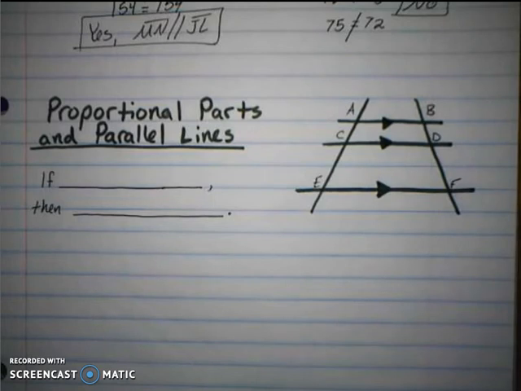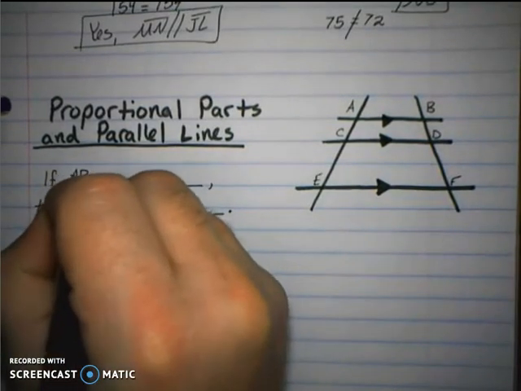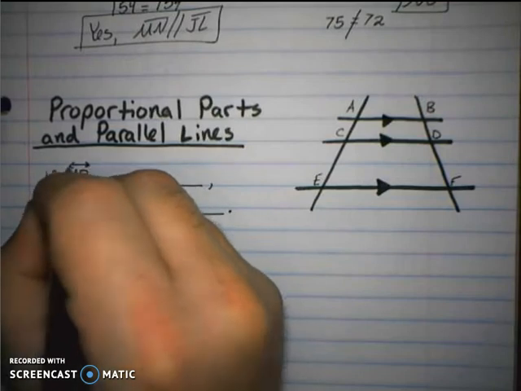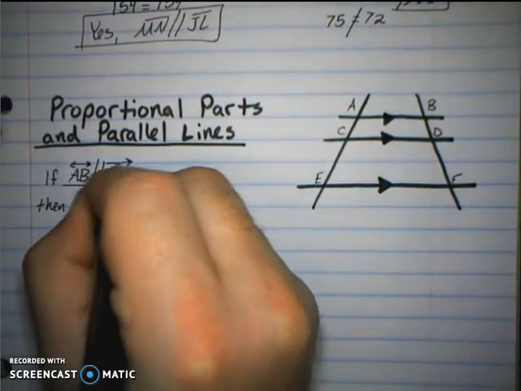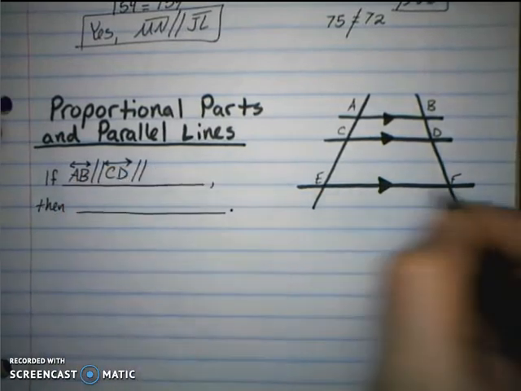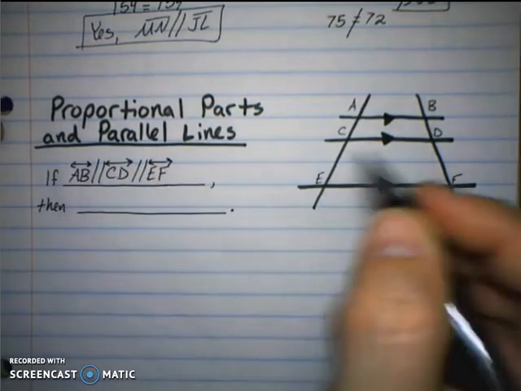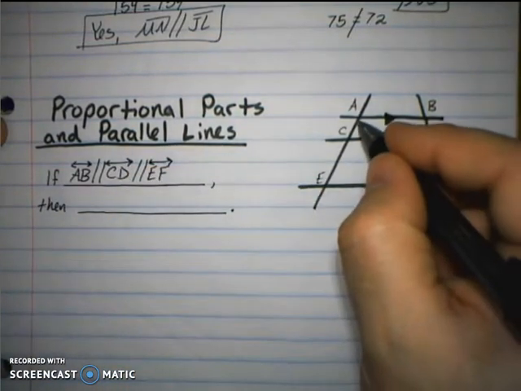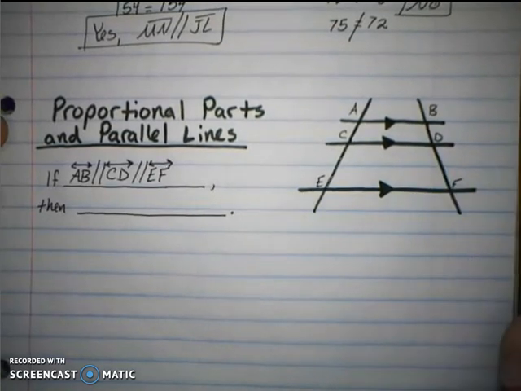So here's what we have. If we know that AB is parallel to CD, which is also parallel to EF, so we have all of those lines parallel, then we know that these segments here, here, here, and here are proportional.